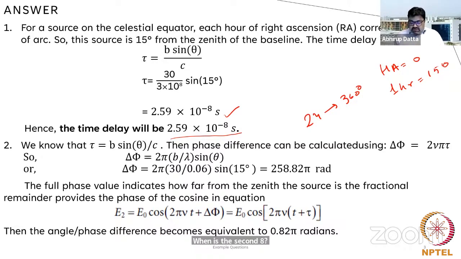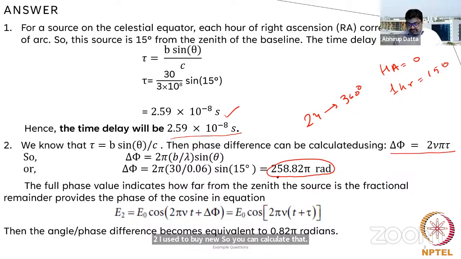So tau is equal to B sine theta over c, and delta phi is 2 pi nu tau. So you can calculate that. This comes out to be 258.82 pi radians.